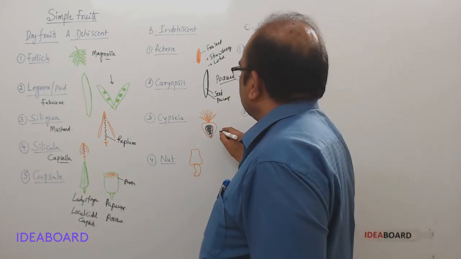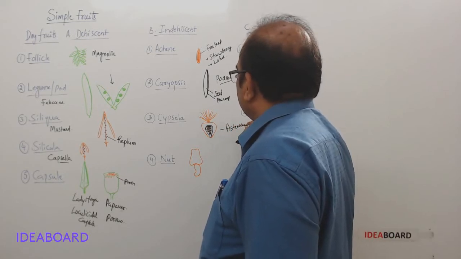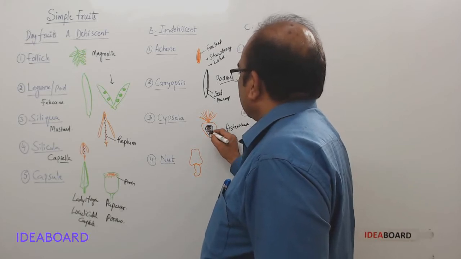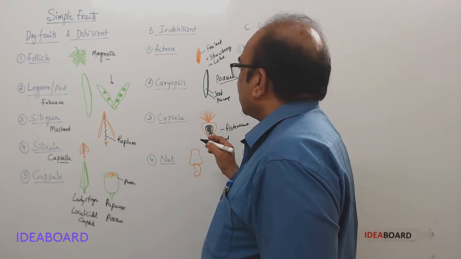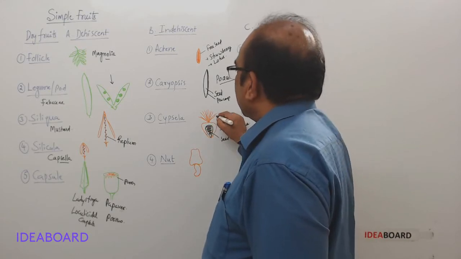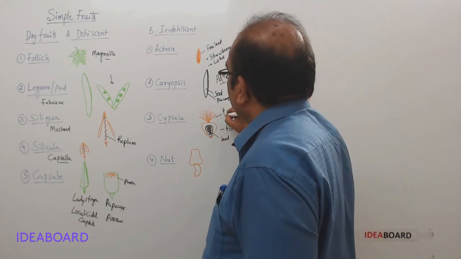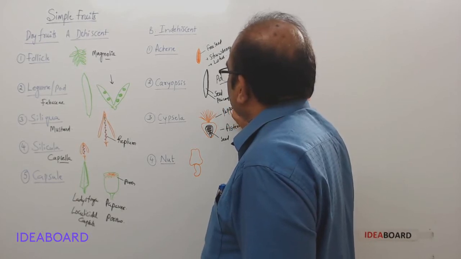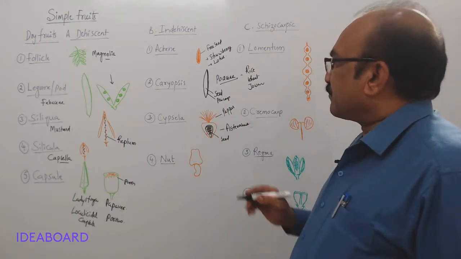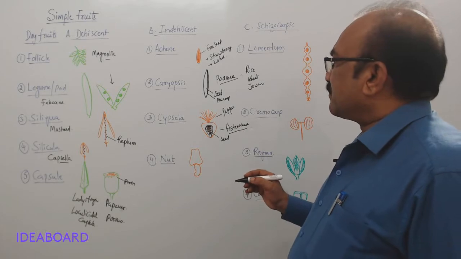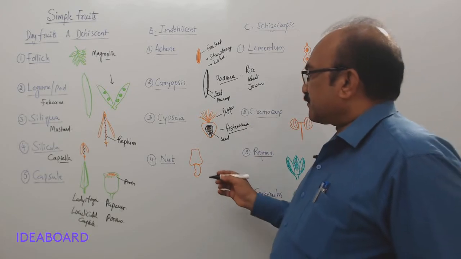Cypsela is the characteristic fruit of the family Asteraceae. There also this is the seed, and the seed is free. But the characteristic feature of this fruit is the presence of persistent calyx in the form of hair, and it is called pappus. So the single seeded fruit with pappus is called cypsela. In the family Asteraceae you will find sunflower, marigold, all of them belong to this family.